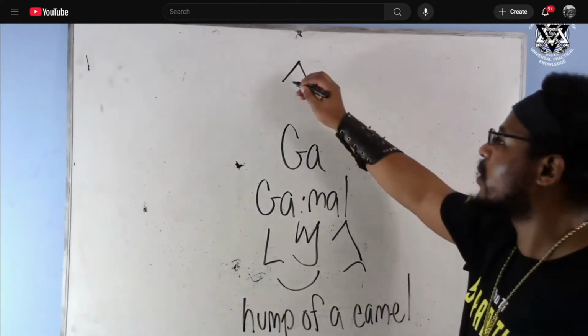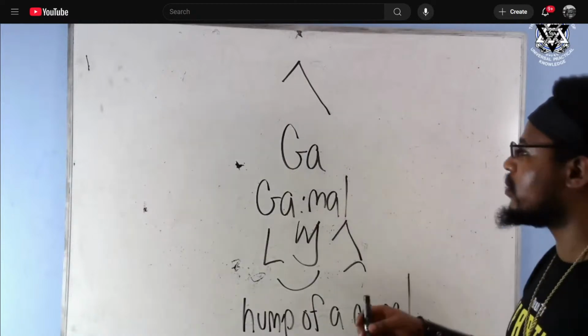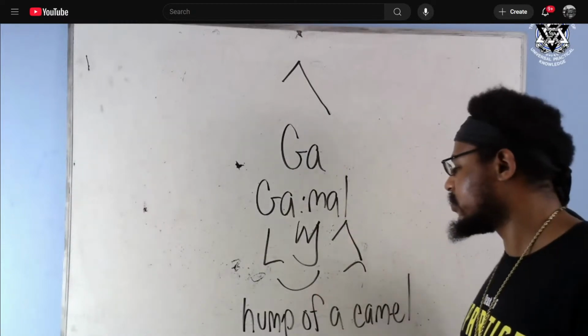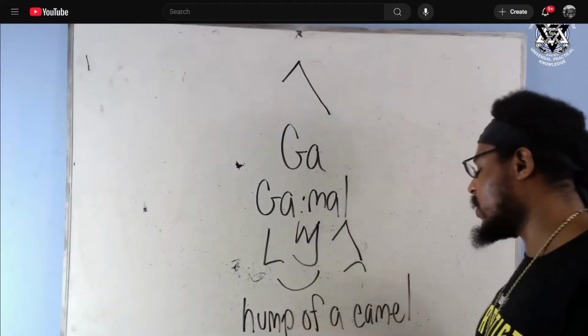So this will be the hump of a camel. That's where Ga comes from. Gamal, hump of a camel.